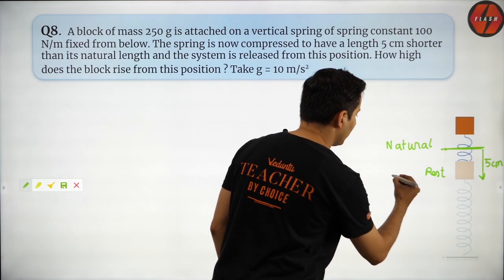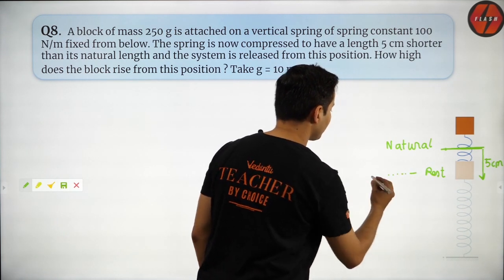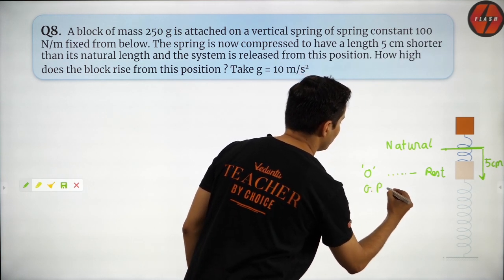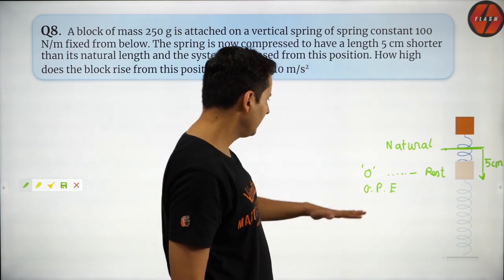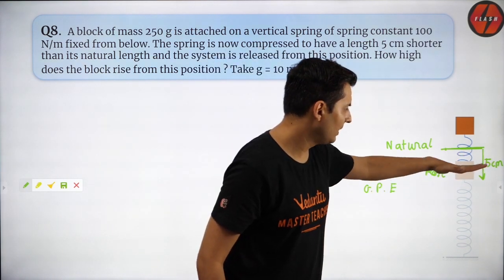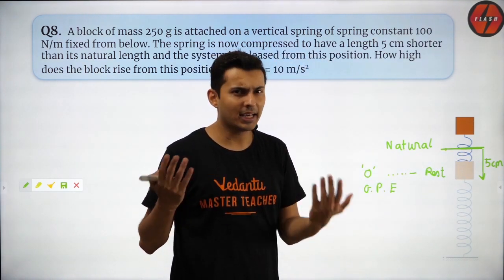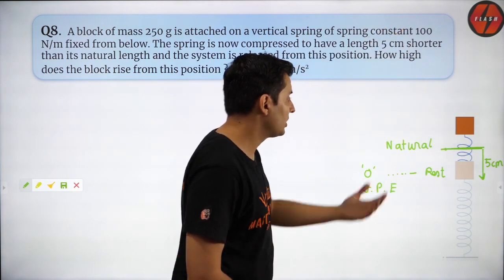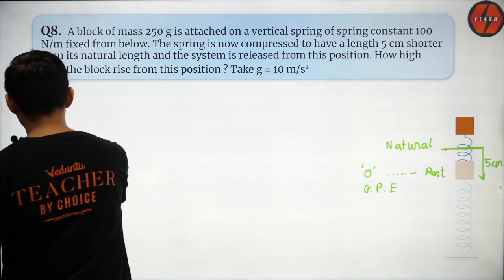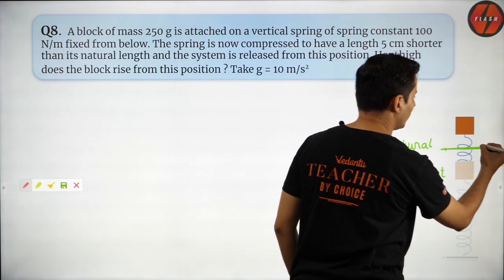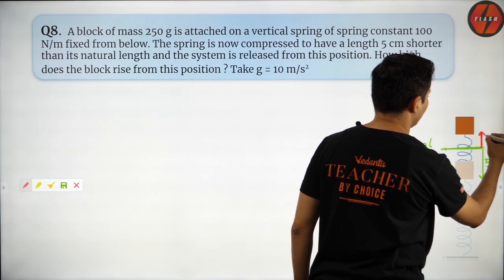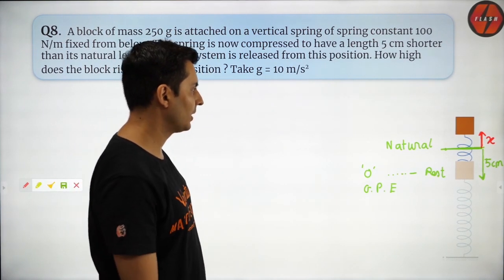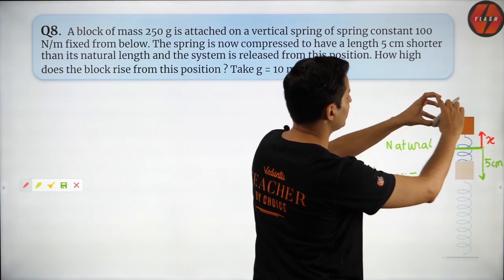So why not take this line as the zero gravitational potential energy line? That will be better, I feel. So this block is right now having zero energy. Remember, you can take anything as zero, and now it goes up, and maybe it goes above the natural length as well. I don't know how much it goes, but let's say it goes X amount. And it goes up, stops.